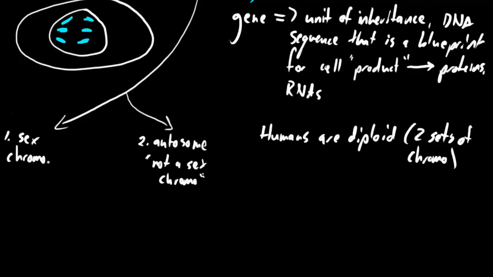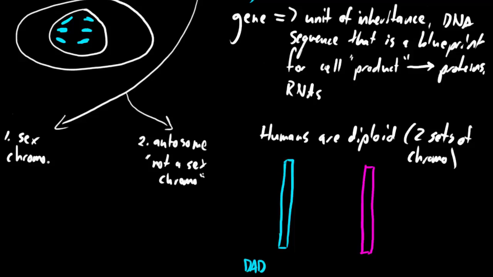Well, one set comes from dad. I'm going to draw a chromosome here, just schematically, as an elongated rectangle in blue here. And this chromosome is going to be from dad. Let's say it's an autosome. And the other set of chromosomes you get are from mom.